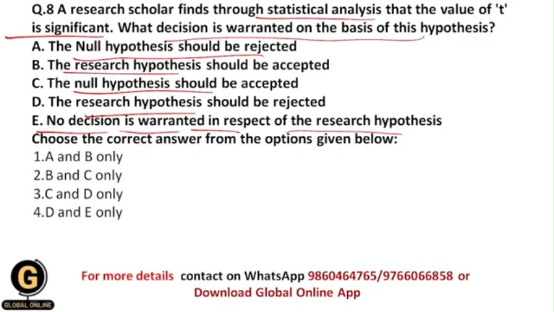Over here, after doing the statistical analysis, the researcher has got a significant t-value. So whenever we get the t-value as a significant value, then we need to accept the research hypothesis, and in this situation we need to reject the null hypothesis. That's why two decisions are warranted over here on the basis of this hypothesis: the null hypothesis should be rejected and the research hypothesis should be accepted.